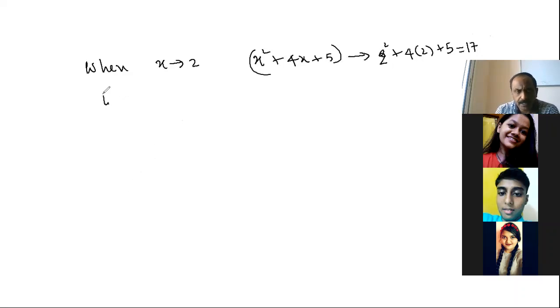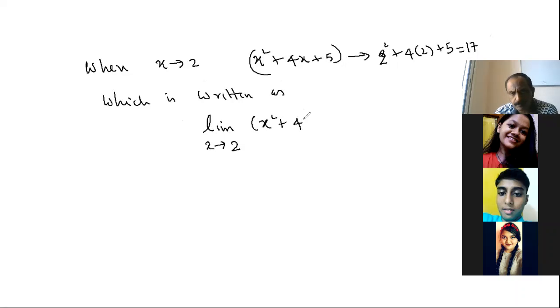This can be expressed as, which is written as, limit, LIM, below that x tending to 2, of x square plus 4x plus 5 is equal to 17. In your book, the line drawn should be like this.